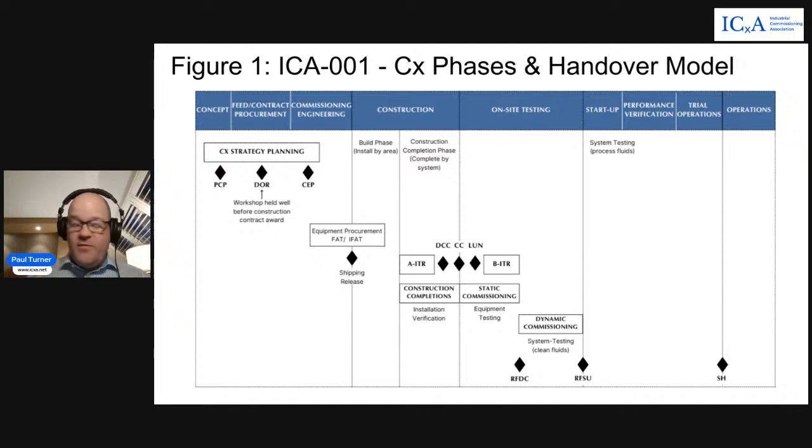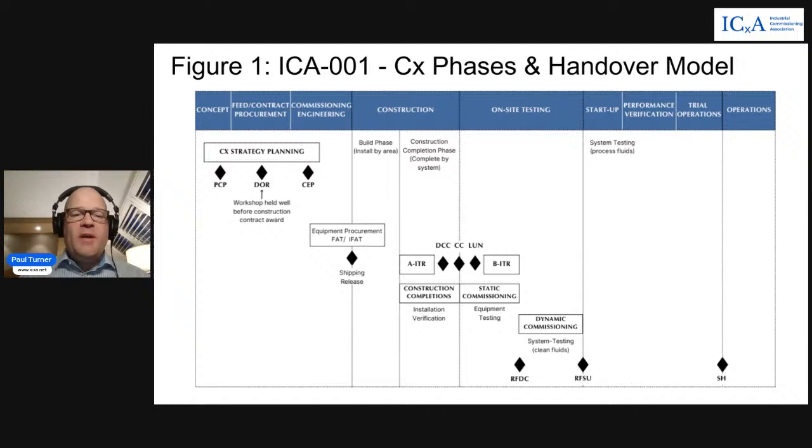Then at a point of about 60 or 70% complete, the transition needs to take place by system, from area-based construction to systems-based completion. And this is moving into the construction completions phase. This is where our first set of checklists are undertaken. These are our A inspection test records, to verify correct installation.